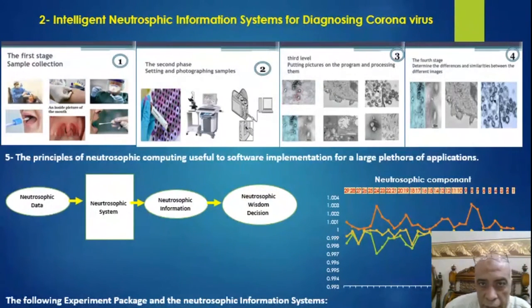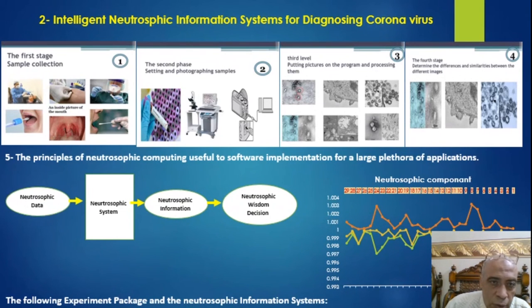Third, putting the pictures in the program and processing them. The fourth stage, determining the differences and similarities between the different images. Number five, the principle of Neutrosophic computing, useful for software applications.